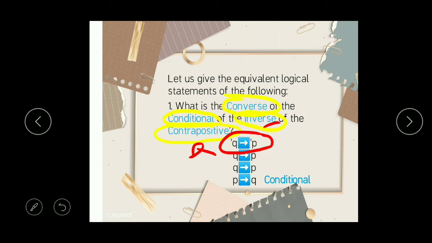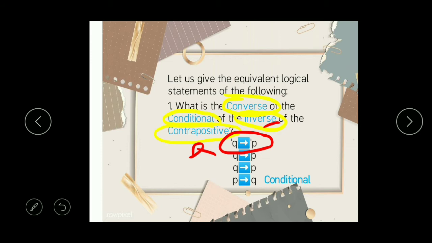What are we going to do to our statement to make it an inverse statement? We will put a negation to our foundation statement, and our foundation statement right here is our contrapositive.